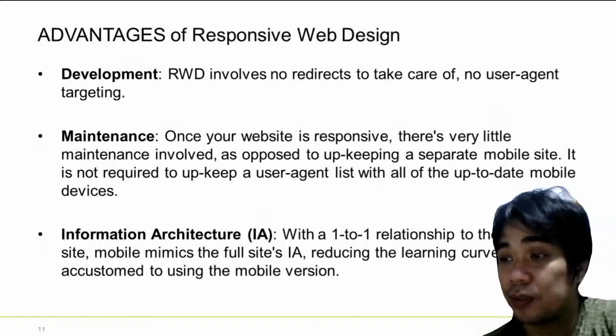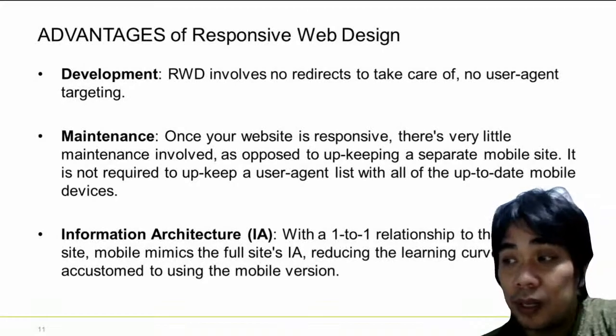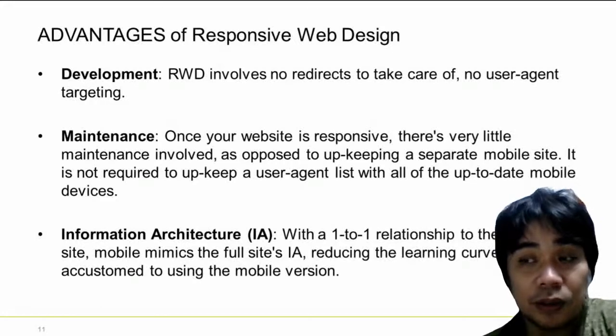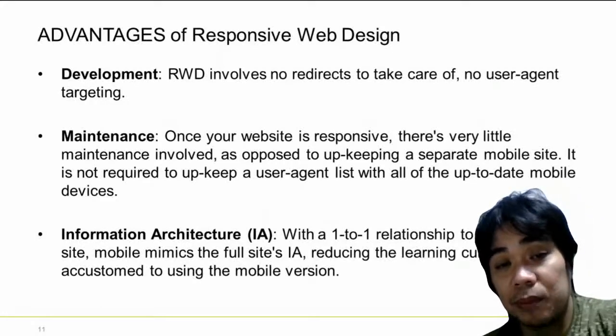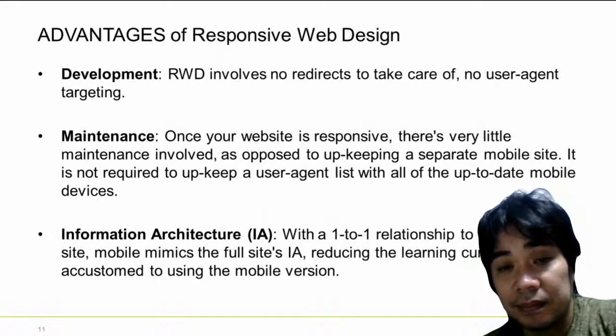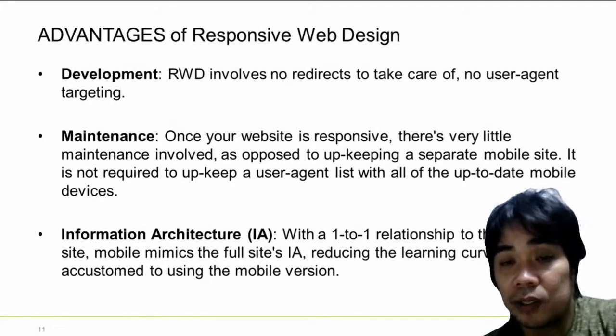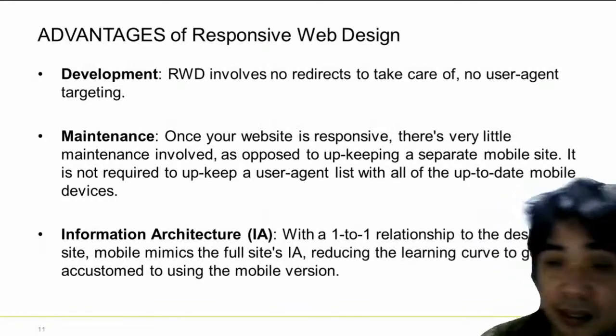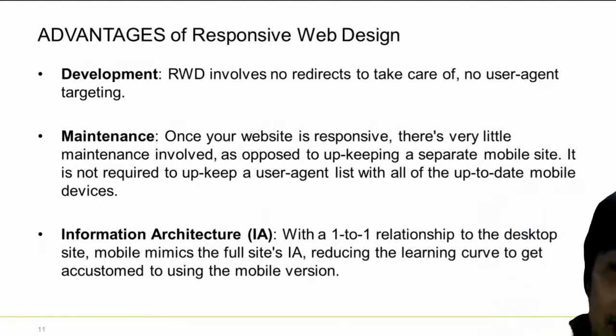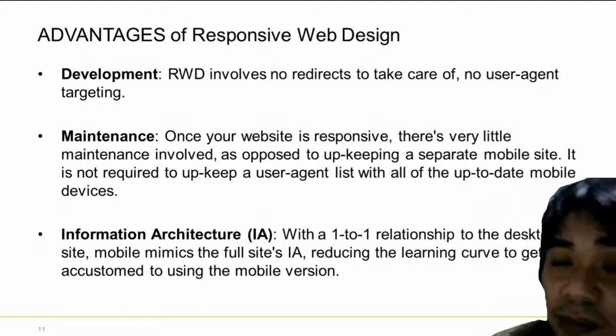Information architecture with a one-to-one relationship to the desktop sites, which will also display on your mobile. The information architecture reduces the learning curve as users get accustomed to using your mobile versions.